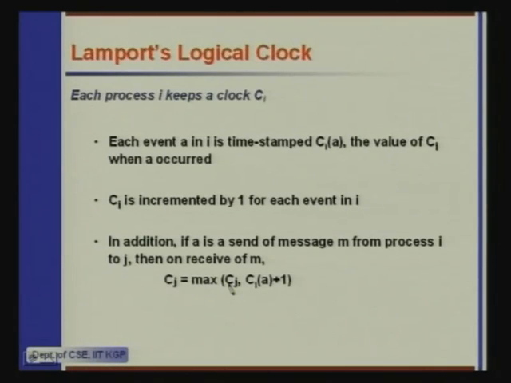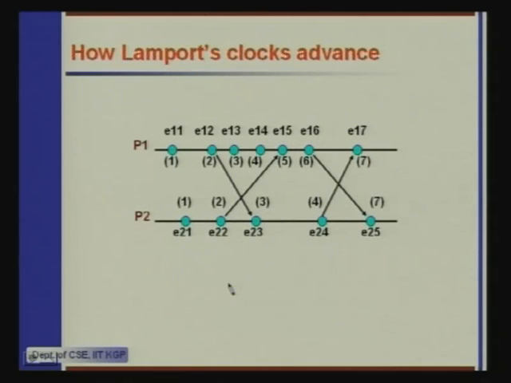Now, let us look at this example. When E11 occurs, P1 stamps it with its own clock 1. These are the values of the clocks at 1. So, these are the values of C1. These are the values of C2.